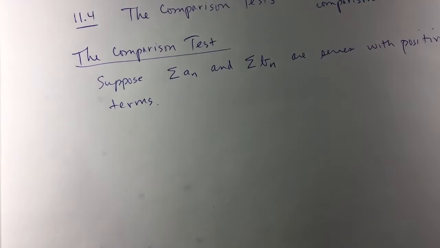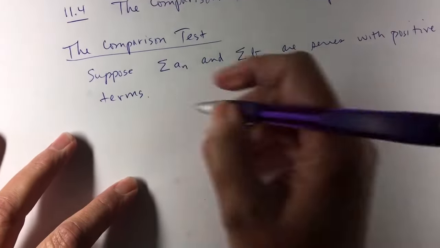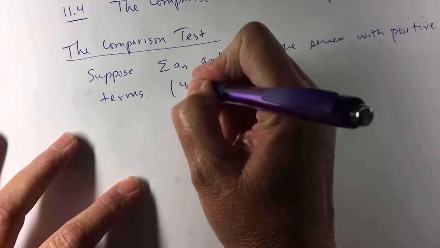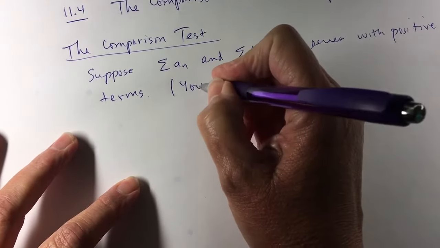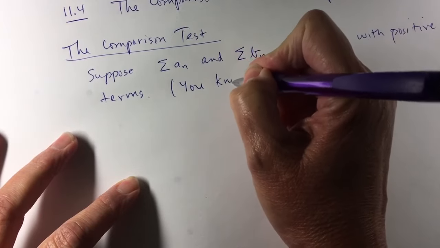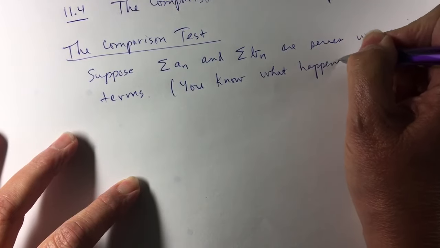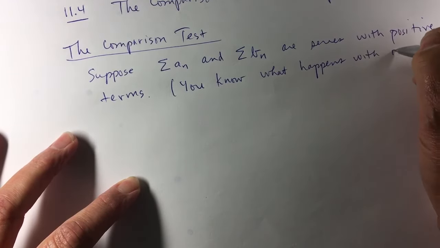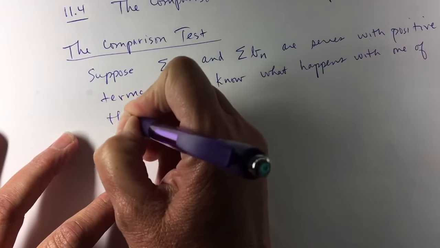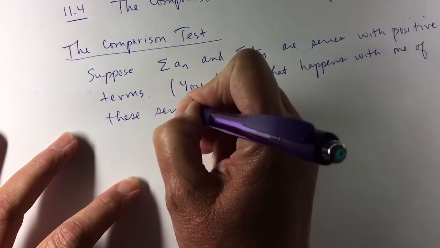And they did not write this in the book, but you know what happens to one of these guys. You know if one of them that you've picked out of your toolbox converges or diverges. So I'm gonna put that here in parentheses. Maybe I should have written it as a note, but you know what happens with one of these series.